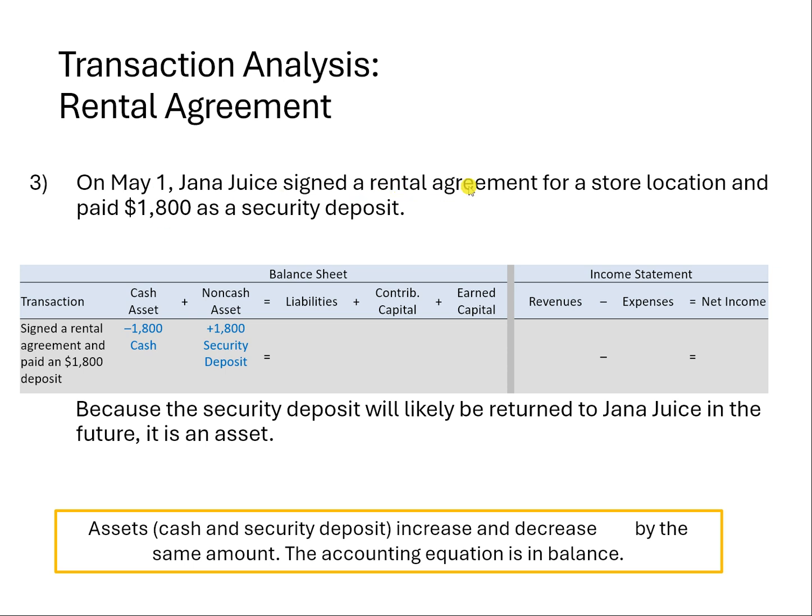The company signed a rental agreement for a store location and paid a $1,800 security deposit. This time we paid $1,800, so cash decreased. On the other hand, we prepaid. It's a security deposit, prepaid rent, $1,800. As I said, prepaid rent is an asset, increased by $1,800.